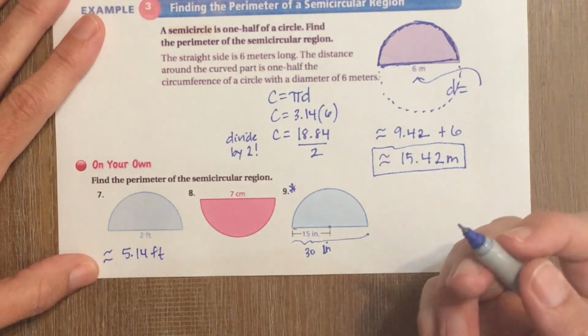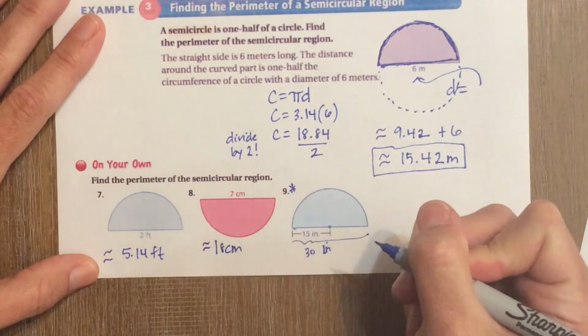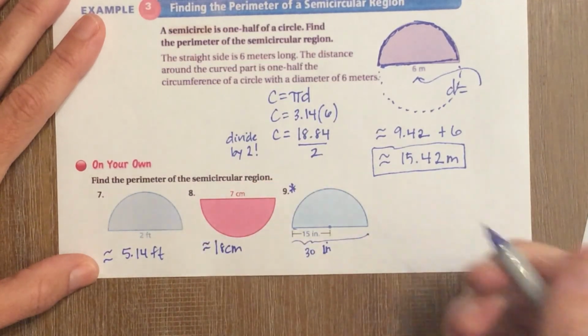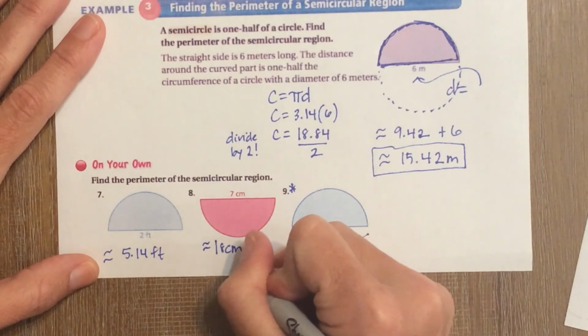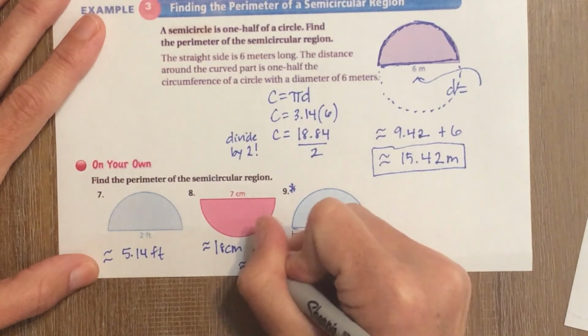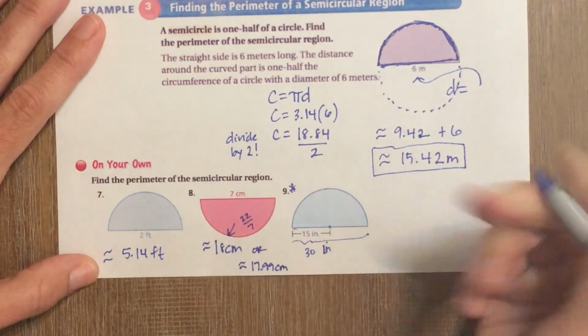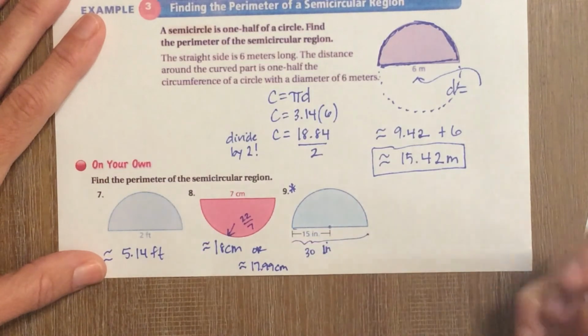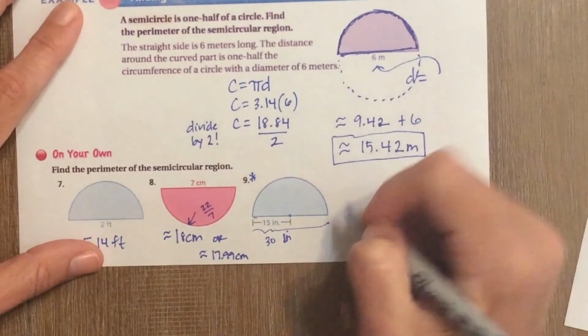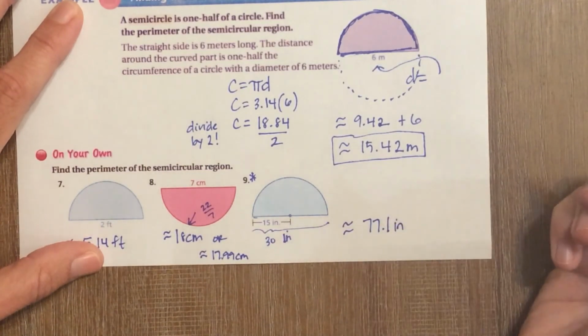If you use 22 over 7, it is approximately 18 centimeters, but if you just calculated with 3.14, it ended up being approximately 17.99 centimeters. So either one of those are okay. This is the one if you use 22 over 7, all right? And question number 9 here was approximately 77.1 inches.